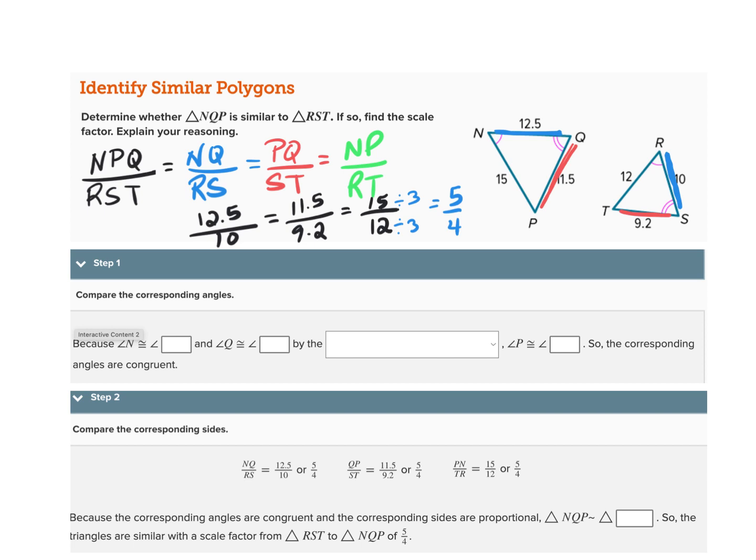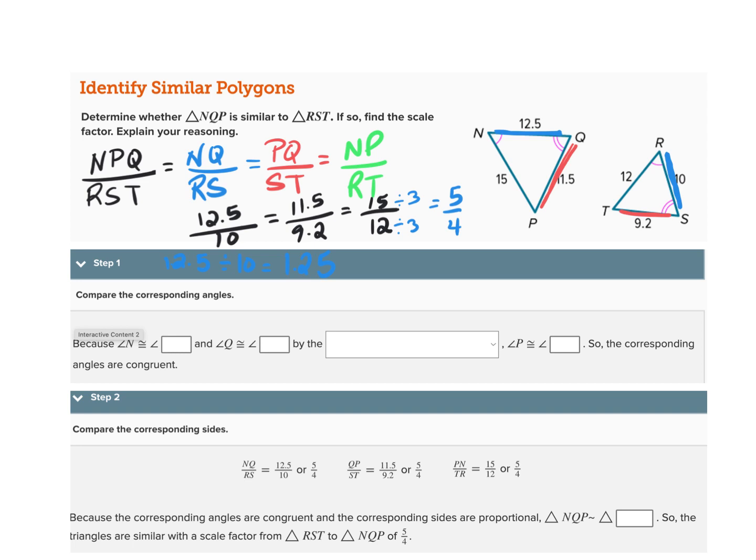So I'm going to do 12.5 divided by 10, which gives me 1.25.